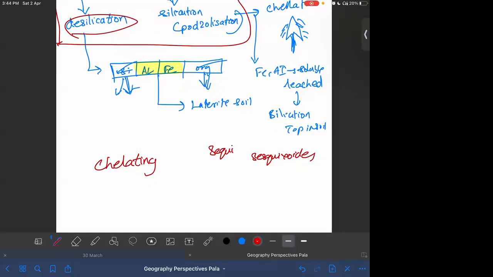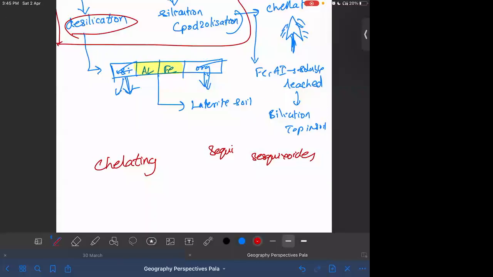And when rainfall happens, they dissolve in soil. These silicosoids are leached out of the soil along with bases and organic content, thus leaving behind silica in the topsoil.